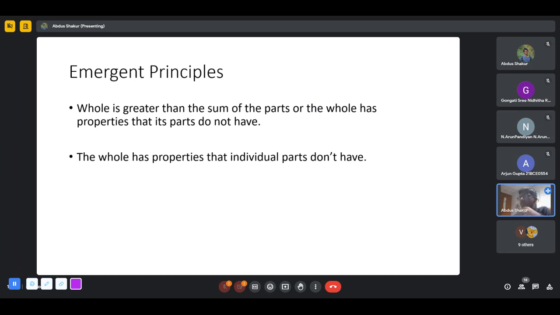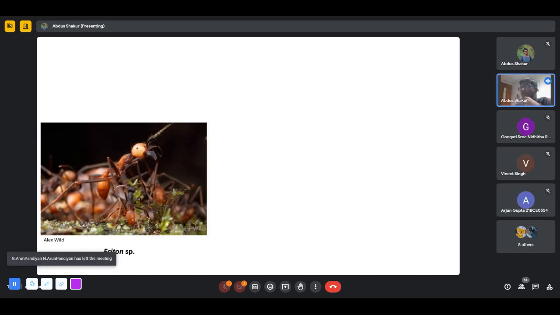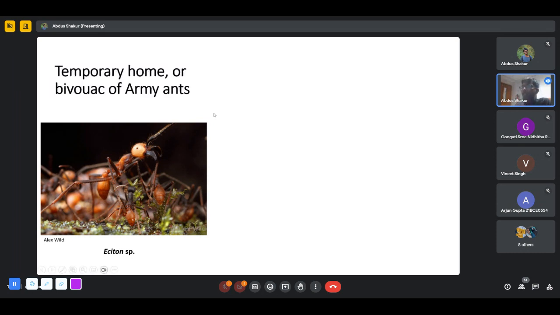Since we are talking about ants, the picture you're seeing here is of an army ant, mostly found in the Amazon rainforest. The beautiful thing about these ants is that these are individuals, as you're seeing, but when they come together, they form these beautiful structures which they use as homes, because they don't have a permanent home like other insects or other ants.